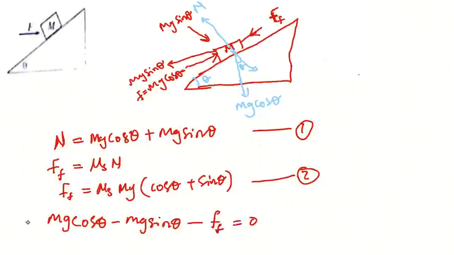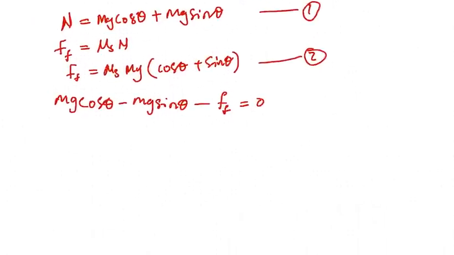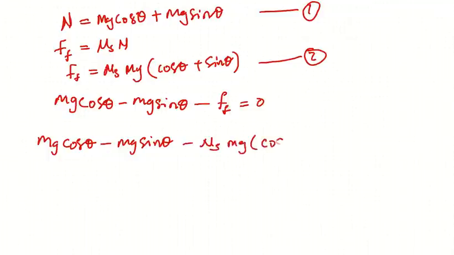And we already have the frictional force, so mg cos theta minus mg sin theta minus mu s mg times cos theta plus sin theta is equal to 0.